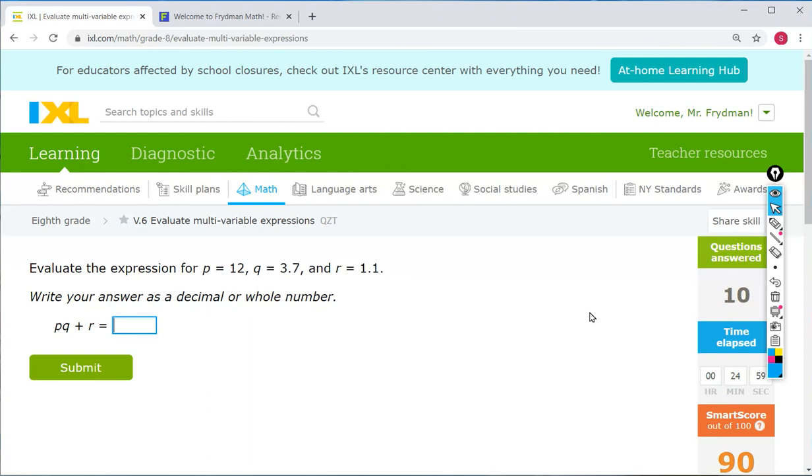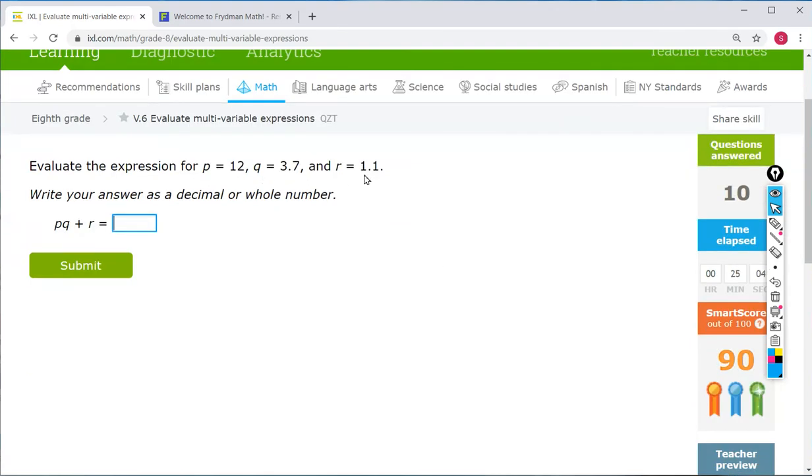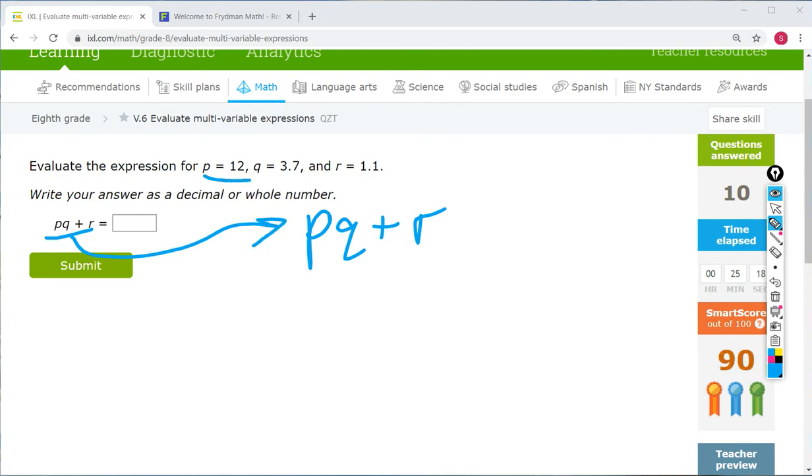Okay, so these seem to be, again, the same type of problems, just with decimals. So I'm going to do this one. If I get the same kind of a problem for the next one, then I'm just going to end the video there. So we have P, Q plus R. I'm just writing this on the side here. P is 12.